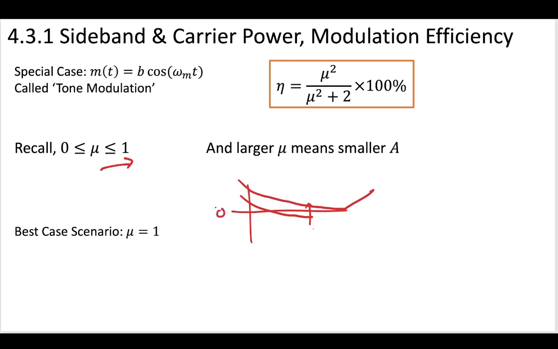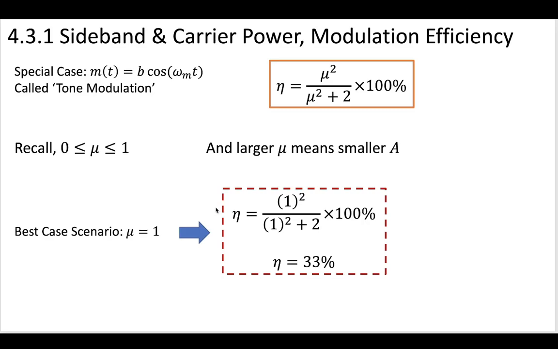So that's the best case scenario. You get a mu equal to 1. So when your mu is equal to 1, and you have the best case scenario, you've chosen the best possible A, the best possible carrier amplitude coefficient, your efficiency is only 33%.